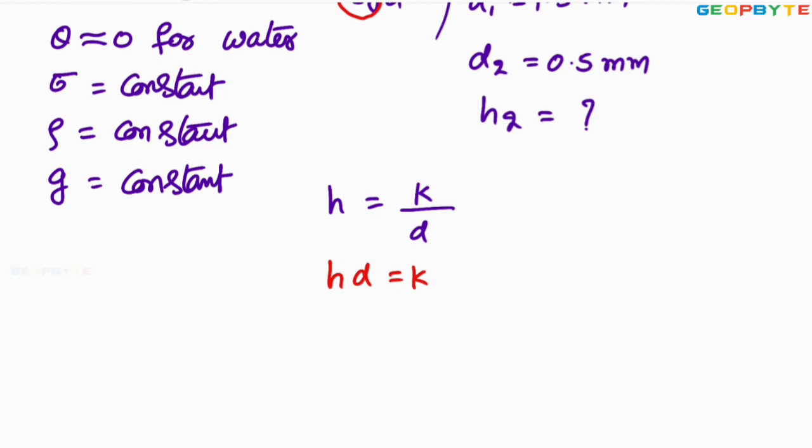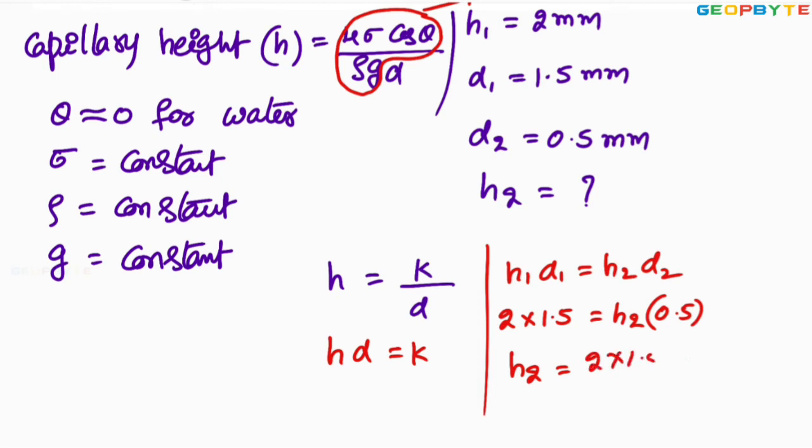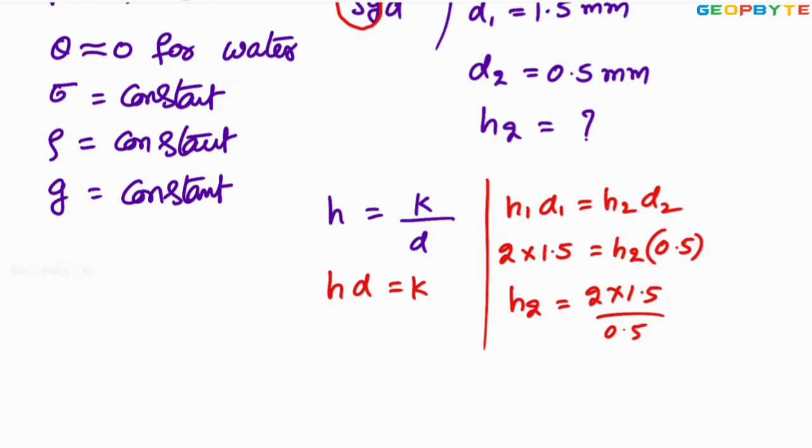It means H1 D1 equal to H2 D2. H1 is given 2, D1 is 1.5, H2 you are asked to find, D2 equal to 0.5. So the capillary height in the 0.5 mm diameter tube is 2 into 1.5 divided by 0.5. You simplify this value.